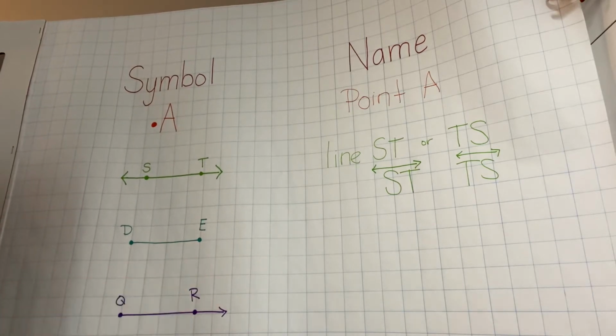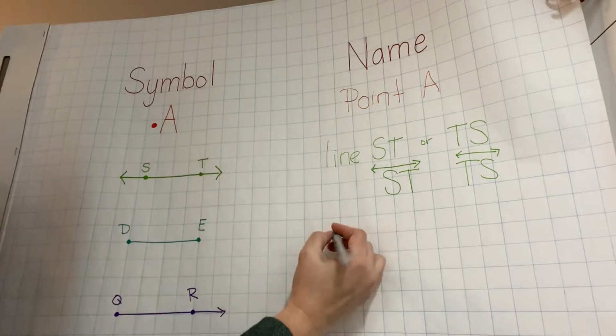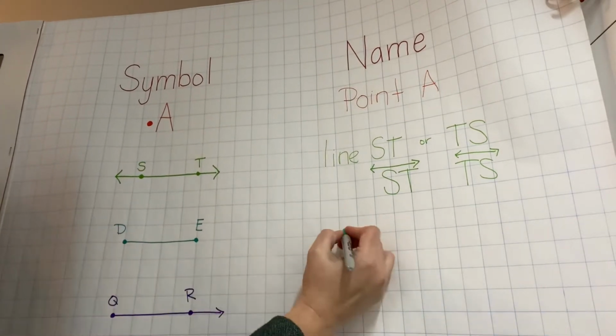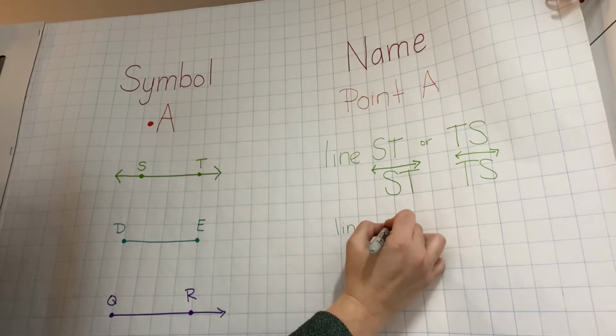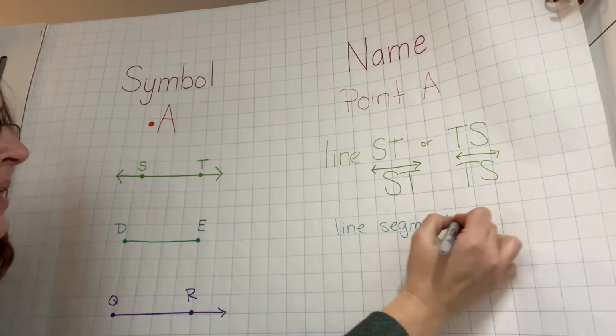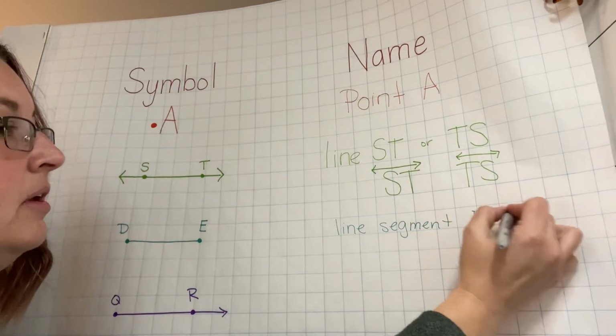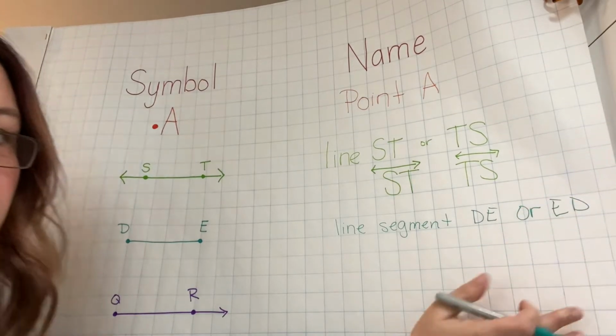It ends with a point. So this is called a line segment. So you can write out, we're going to use those two letters there. You could write out line segment DE or ED, okay?